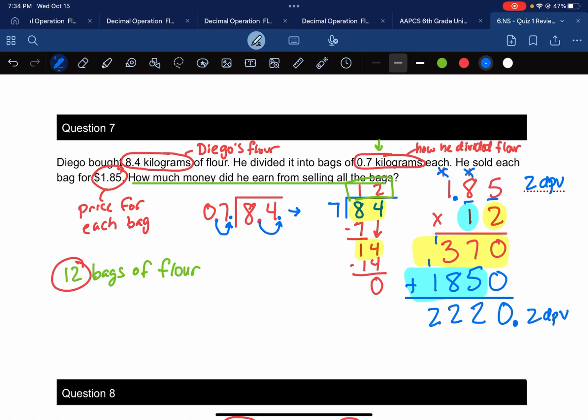So we'll start here and then move it over 2 to make sure that happens, which means that we're going to have 22.20. And because the question's talking about money, we need to write it as money. So this is the cost of all 12 bags of flour.